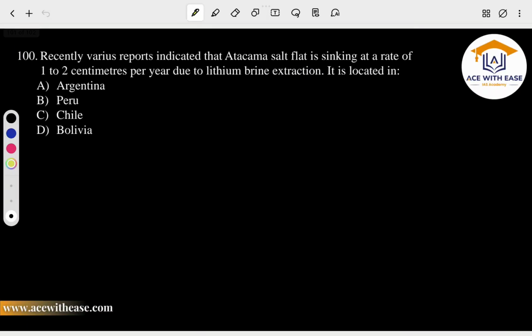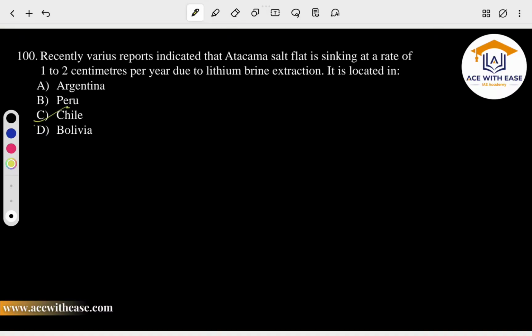Last question. Recently, various reports indicate that the Atacama salt flat is sinking at the rate of 1 to 2 centimeters per year due to lithium brine extraction. We all know that the Atacama salt flat is present in Chile.